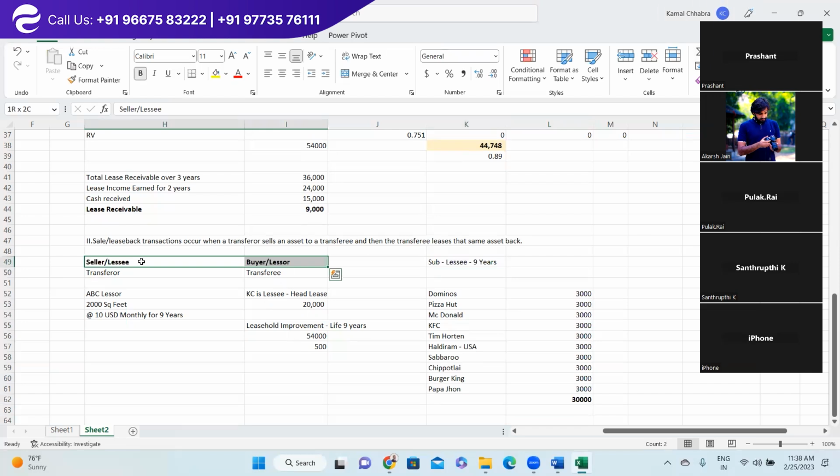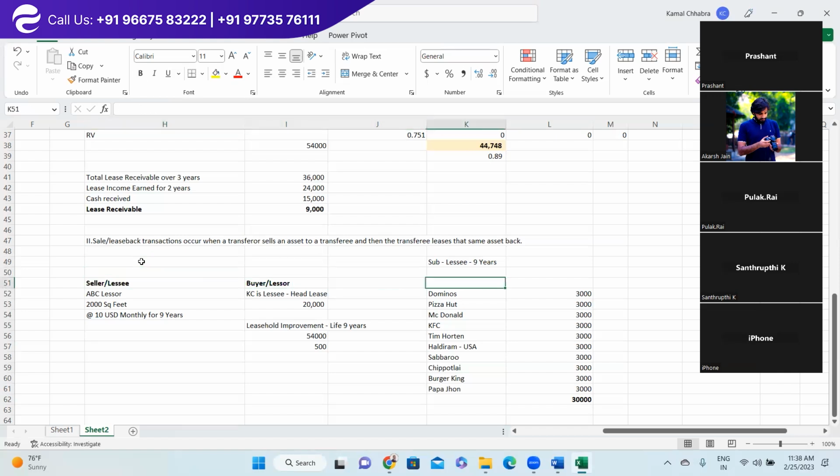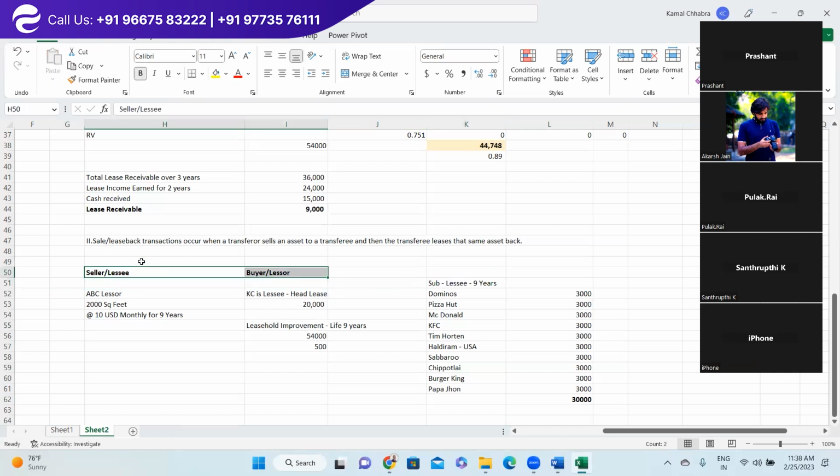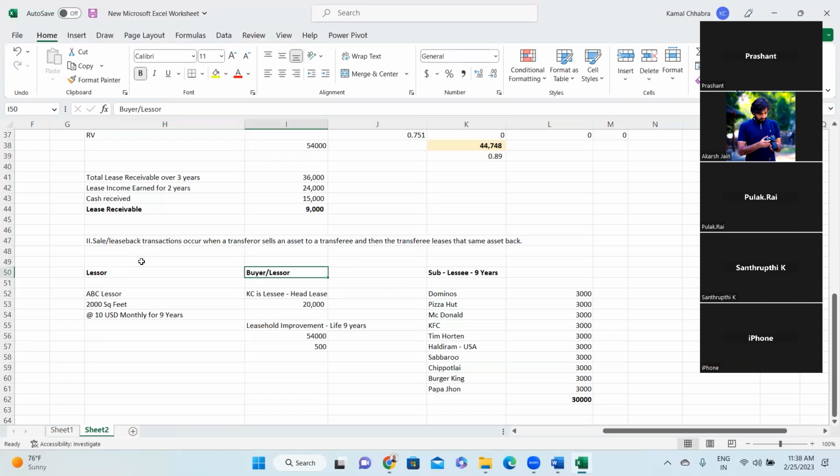There are two arrangements. One is from the lessor, and this is the sublease.